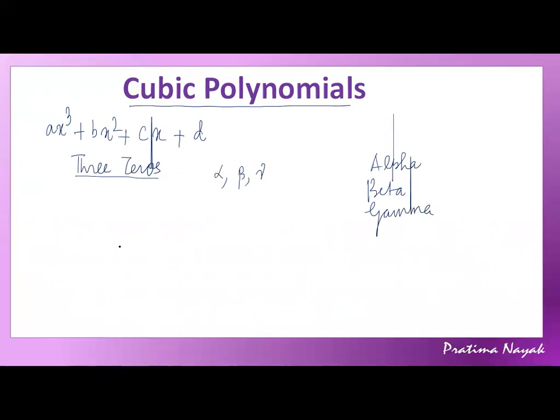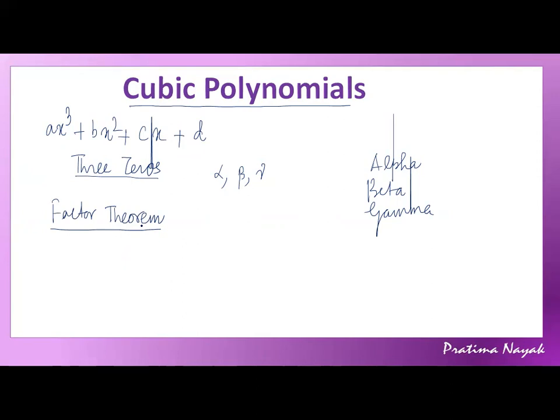So how to find the zeros of a cubic polynomial? We use factor theorem. First we get one factor by using factor theorem.